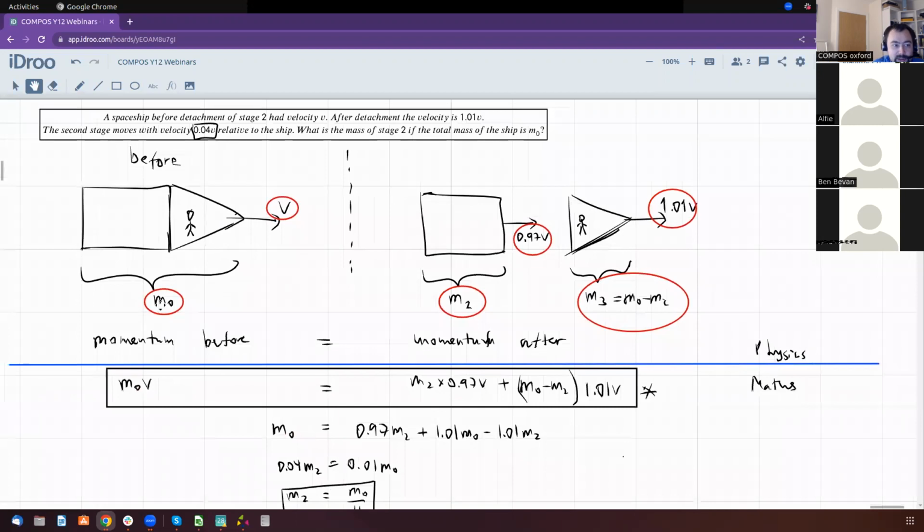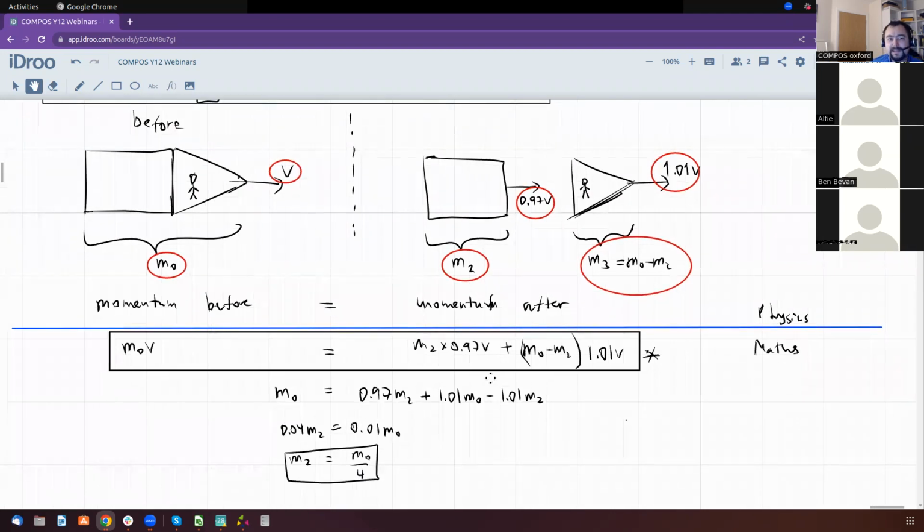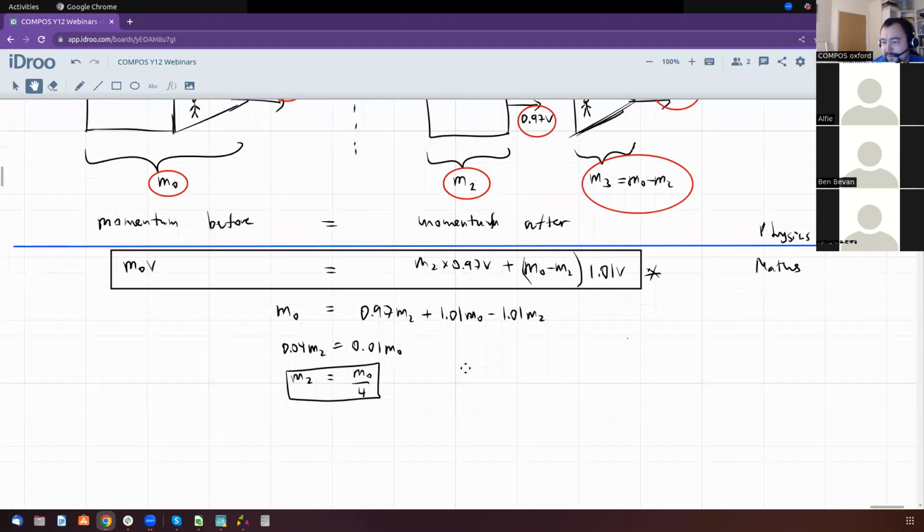Now, when you do physics, you have to define the letters. You have to define, and you have to justify your equation with some physical laws. In this case, Newton's laws. I think in this particular case, that's the difference between physics and maths. Physics is specific to our universe.